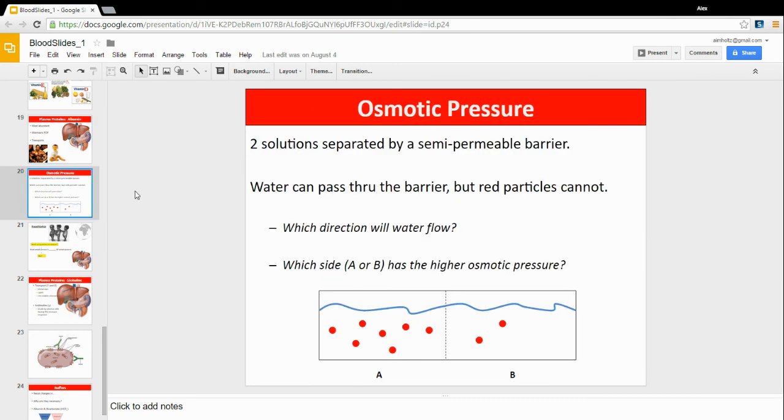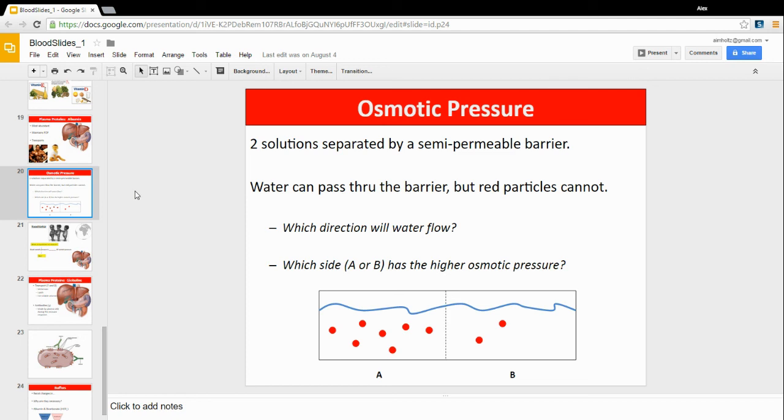Now we know albumin maintains the osmotic pressure in your plasma. So a little review here, and we've got to consider a little situation. Here we have 2 solutions that are separated by a semi-permeable barrier, and water can pass through the barrier, but red particles cannot. So my question is, which way will water flow?